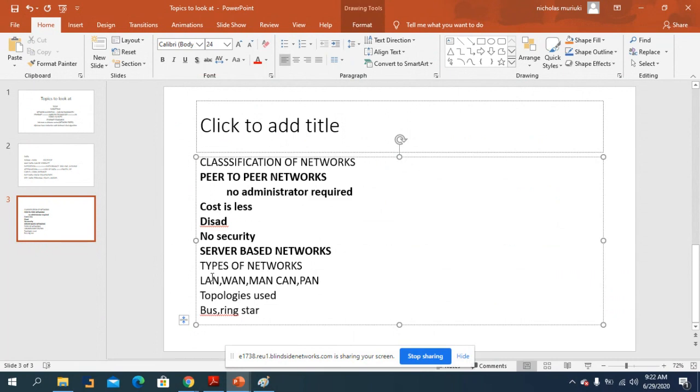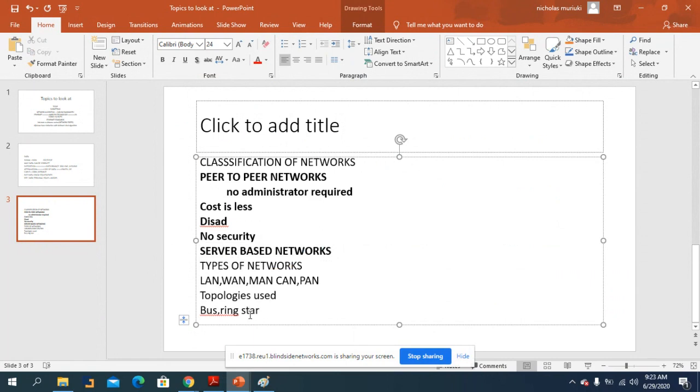So either we are using peer-to-peer, but in most cases they use server-based, because if we have 10 computers in communication, how are they supposed to communicate from one point to another? In LAN networks, we use bus topology, ring topology, star topology as one way of communication.